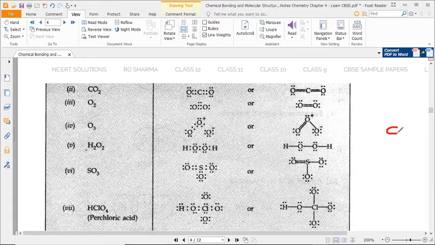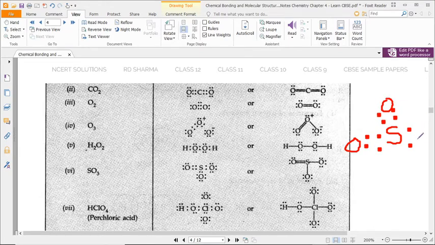Okay, let's take this sulfur. Sulfur has 6 electrons surrounding it. The valence number of electrons for sulfur is 6. If it makes a double bond with oxygen, I have 3 oxygen, right?